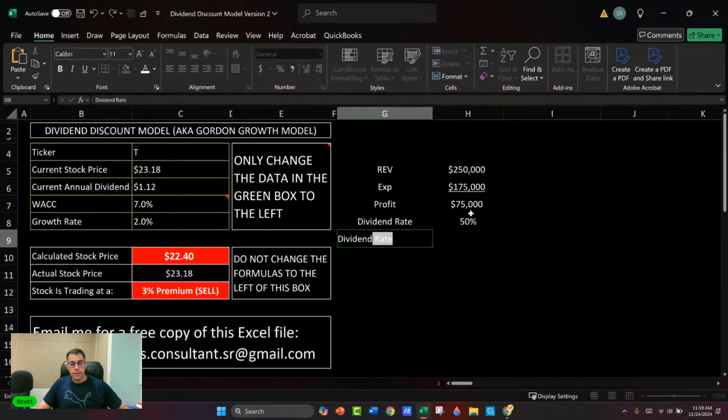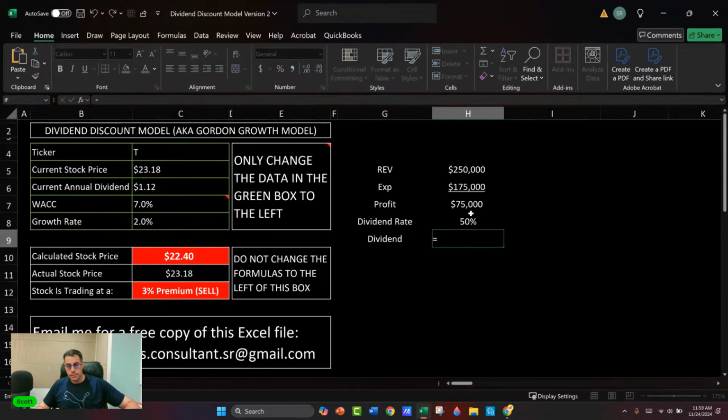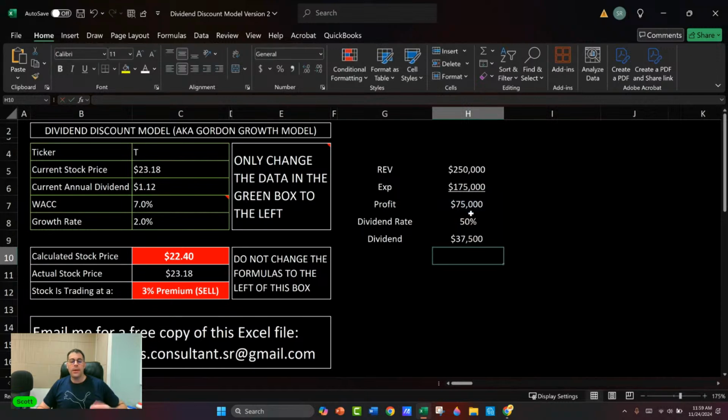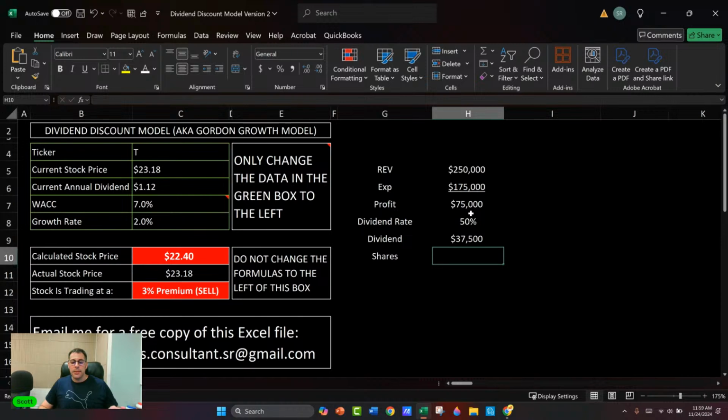So the dividend would be 37,500. Or if this is a million, 37.5 million. You could just pretend it's millions, because obviously a public company is not going to have this small a number.